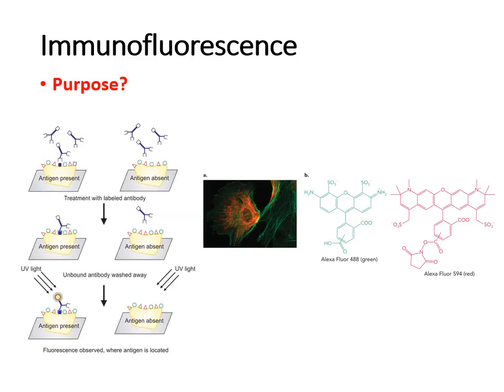There are just a couple more techniques that I want to briefly mention, just so that you're aware that they exist, but we go into more detail in other lectures and in other classes. This one here is immunofluorescence. This allows us to identify proteins that are inside cells that have been chemically treated in a way that does not damage the rest of the cell architecture.